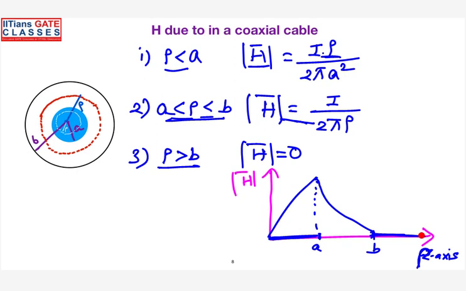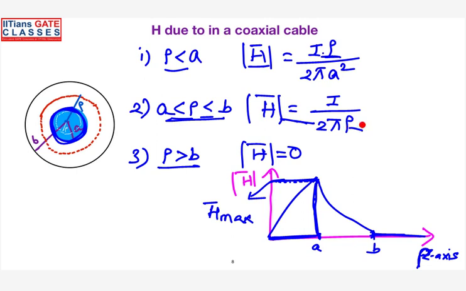At what point is the magnetic field intensity maximum? You can see here the magnetic field intensity is maximum when rho is equal to a. That means when you are on the surface of the inner conductor, the magnetic field intensity is maximum. You can find out that value also. What is the value of that?